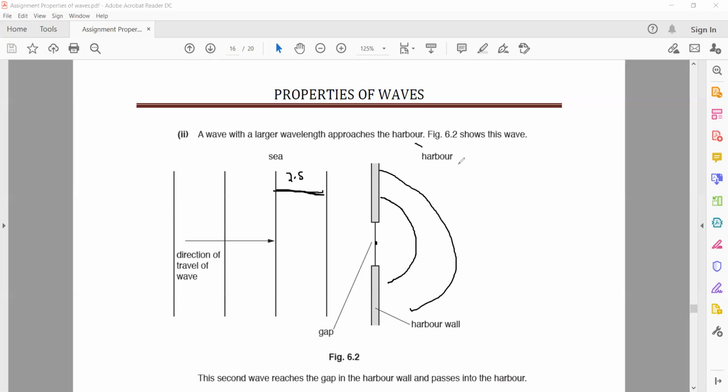Then open 7.5 centimeter and draw an arc. So you should draw a curve with equal spacing using a compass, which shows that the wavelength does not change when it passes through the gap. Is it clear, this part?